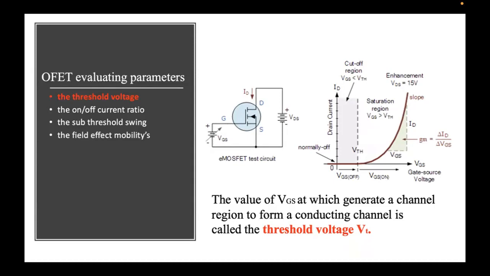In some applications, typically in digital electronics, we don't recommend a very low threshold voltage, because with any input voltage on the gate, your transistor can turn on. However, in other applications, like in our case, for example, in biomedical sensors, or in sensors generally, sometimes it's targeted to have a very low threshold voltage.